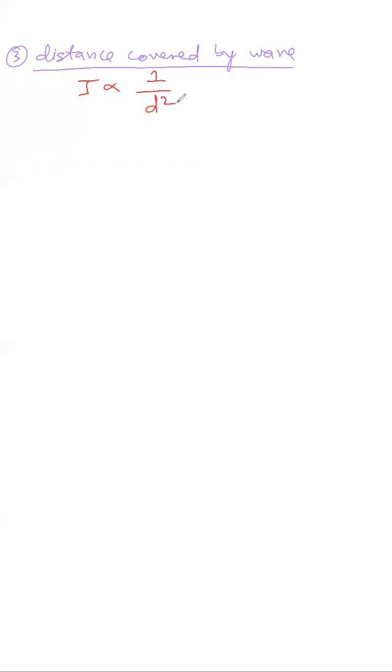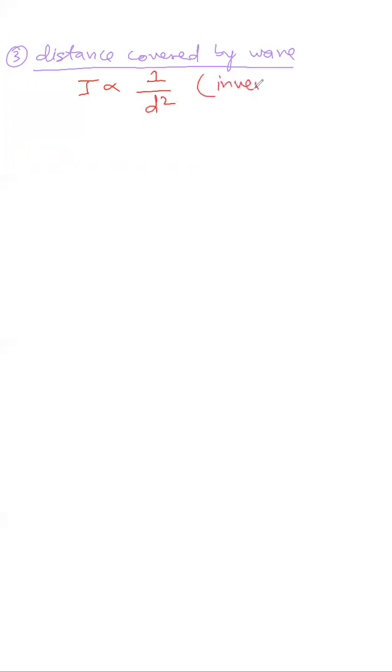Okay, so we are done with 2 factors. The third factor is the distance covered by the wave. About distance covered by a wave, the intensity is represented by the inverse square law.